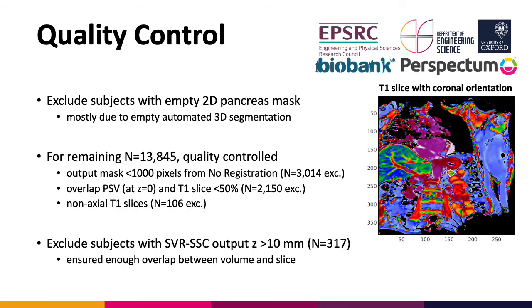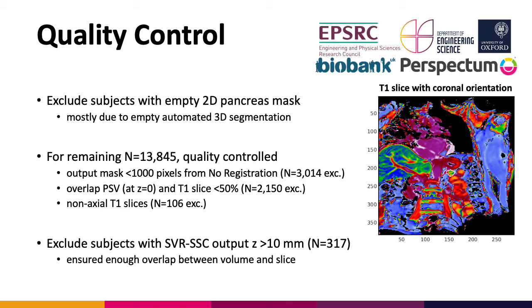We performed quality control of the data. We first excluded subjects with empty output 2D pancreas masks. This was mostly due to empty automated 3D segmentations upstream. For the remaining subjects, we also excluded based on mask size, initial overlap of the two scans, and T1 slices with non-axial orientations.